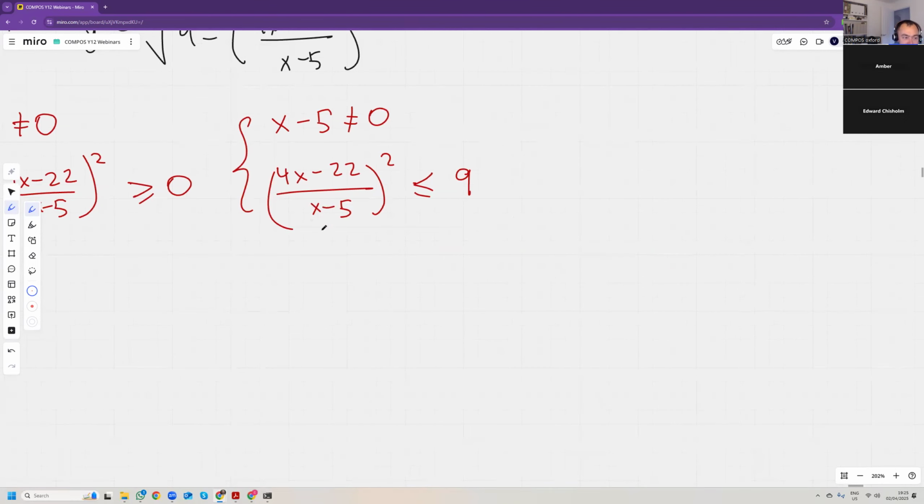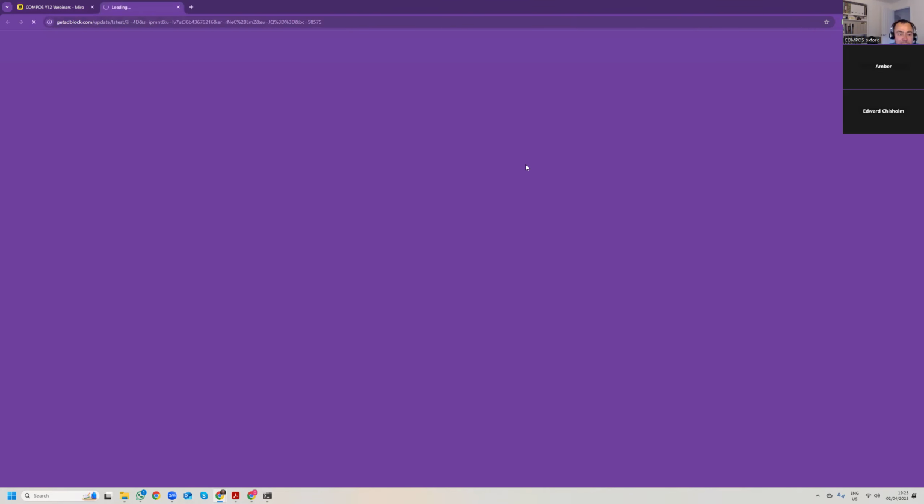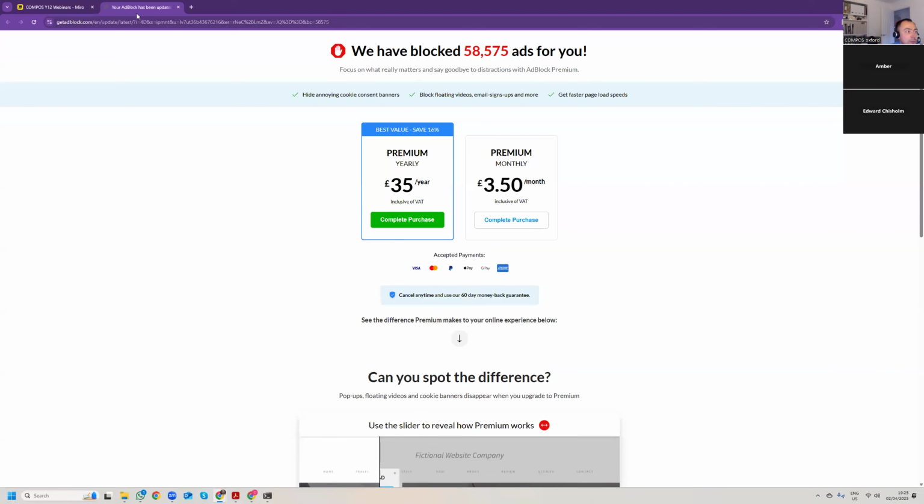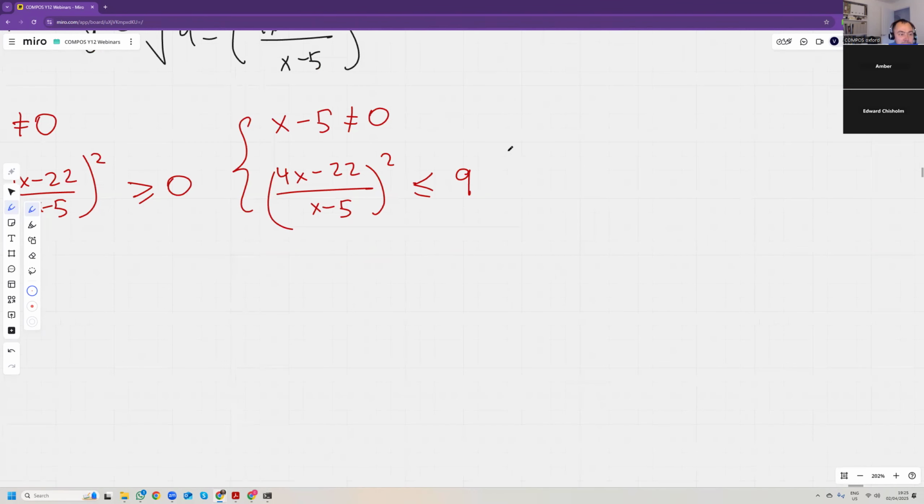And then this bit, if it's less than 9, x is not equal to 5. And here (4x minus 22) over (x minus 5) has to be less than 3, but greater than -3.